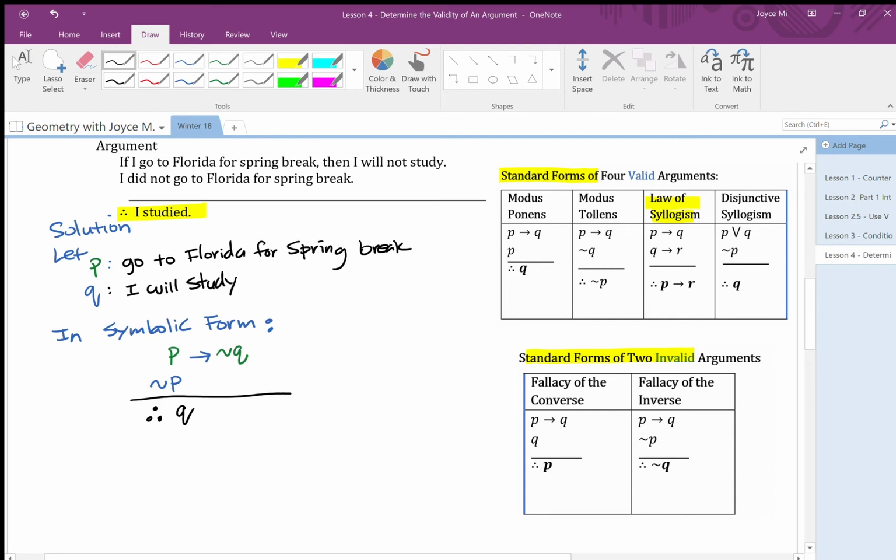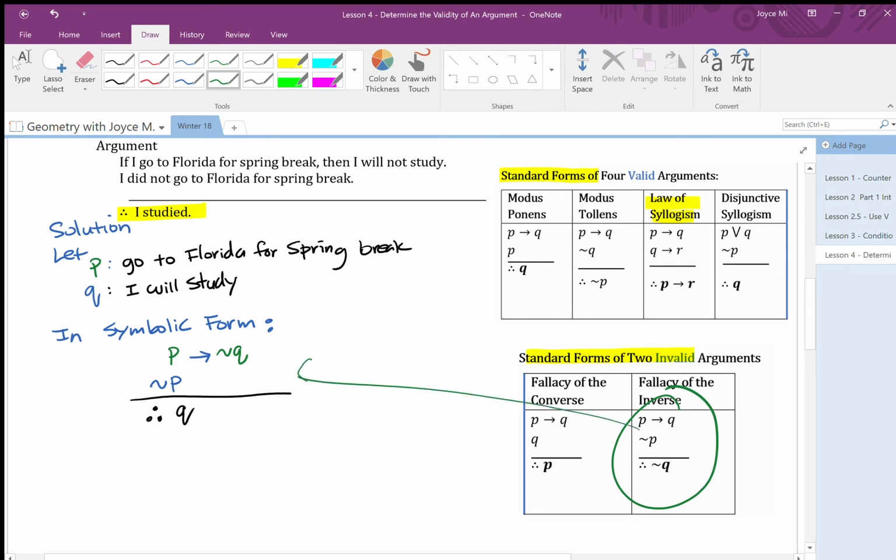So let's look at this one here. Let me highlight in a slightly different color. Notice that this is a conditional statement, and the second premise is negating the antecedent, which is my P. My conclusion is the negation of Q. And it's the same thing I have over here.